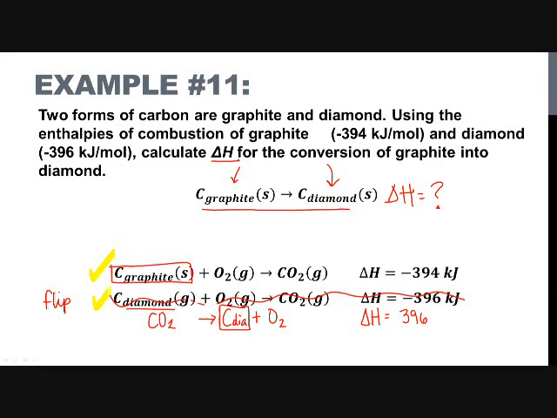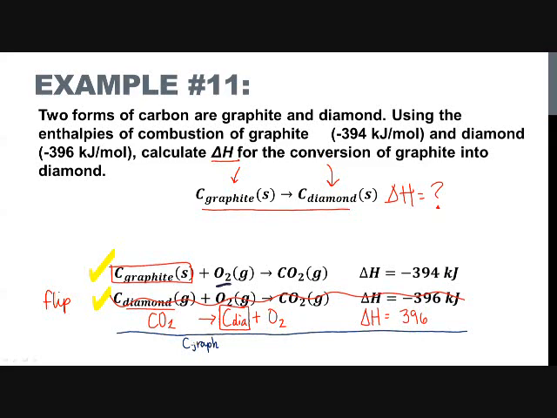Since we've manipulated all the reactions possible, as it stands, we should be able to add them together and get the overall reaction. So if I add this together, I've got my graphite. Now let's talk about the O2 and the CO2.